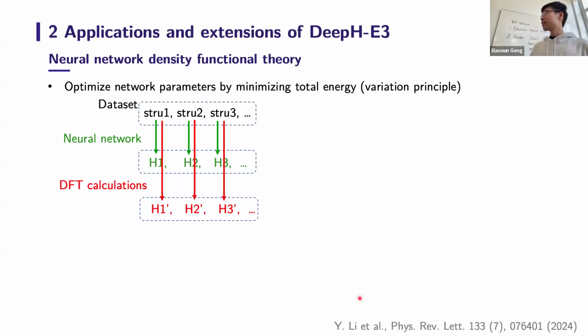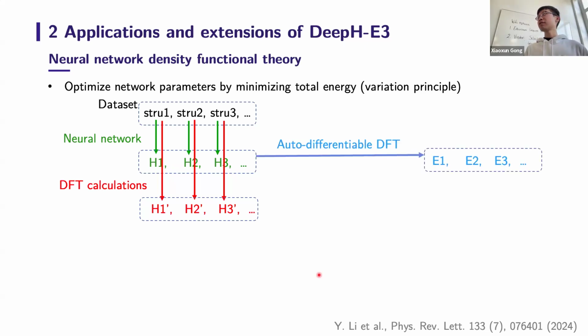So a further generalization of our method is neural network density functional theory. We all know that density functional theory has another aspect, which is minimizing the total energy computed by the density functional. So we can make use of this principle of minimizing total energy in our training of the neural network.